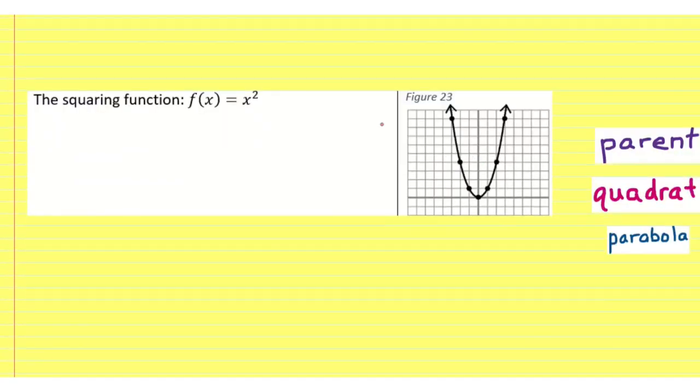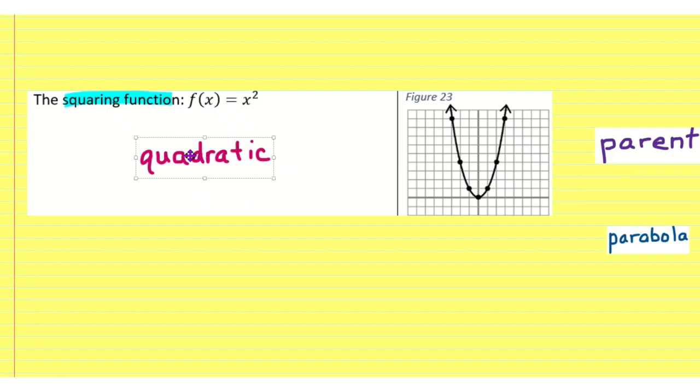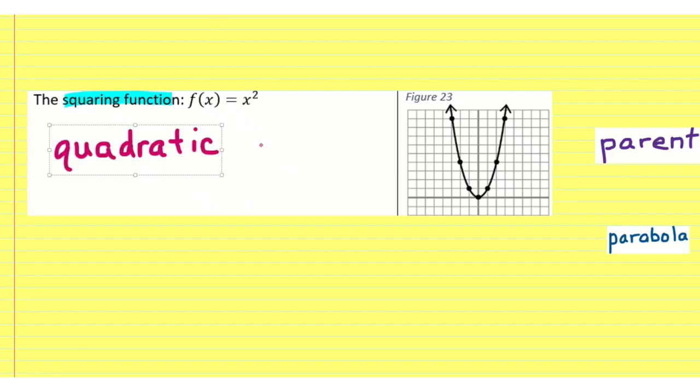What else do we have? We also have, they're actually referring to this as the squaring function. I typically do not call it the squaring function. I call it the quadratic function, and it is noted by y equals x squared. That's how we know that it is a quadratic, because it will always have a power of 2 as the highest exponent on the variable.